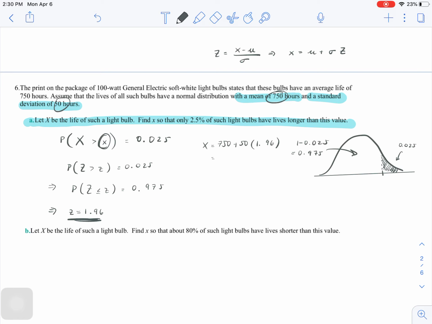I can plug this equation into my calculator. And 750 plus 50 times 1.96 is 848. So the value of x, such that only 2.5% of these light bulbs live longer than that, is 848 hours.